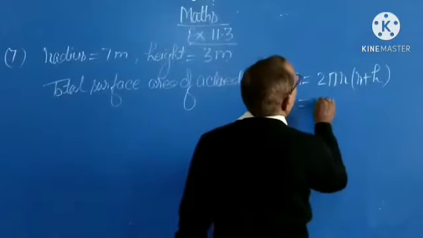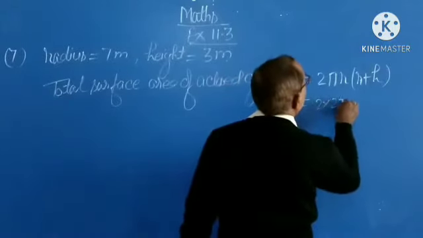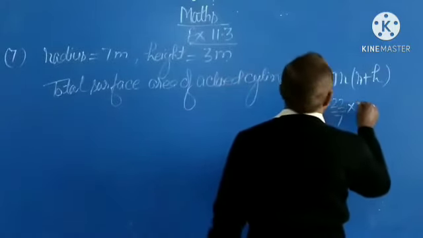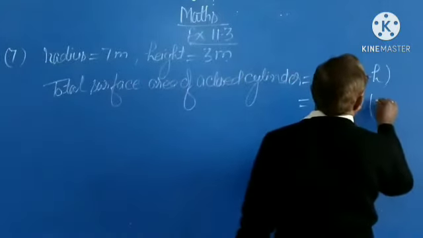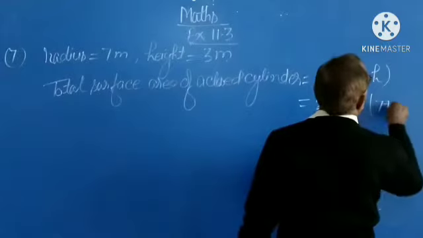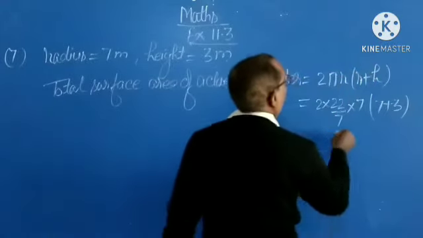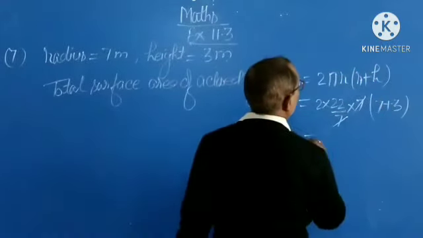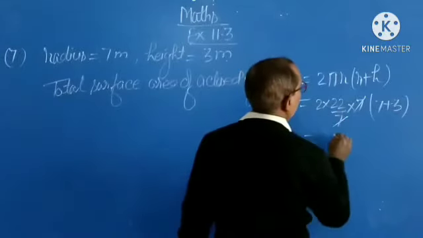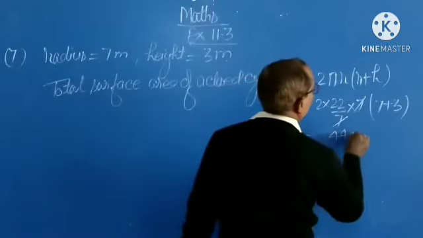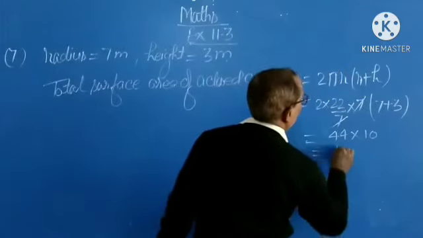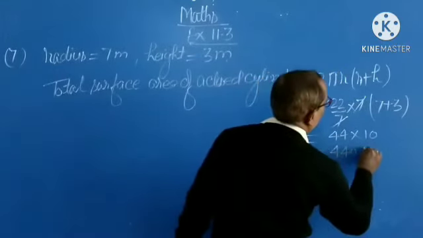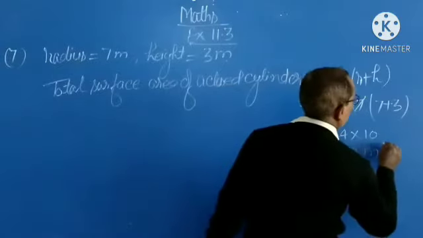You get 2 into 22 by 7 into r is 7 in the bracket 7 plus 3. 7s cancel here. You get 2 into 22, that is 44 into 10, that is 440 meter square.